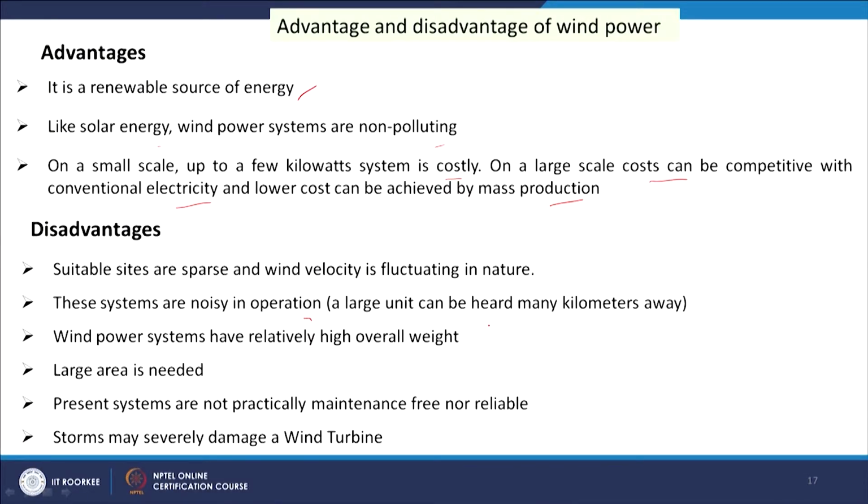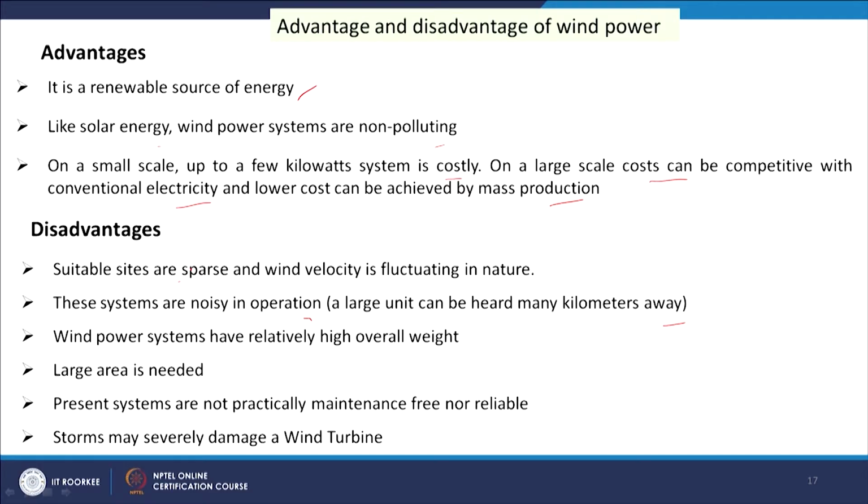In that way it is pollution free, but it also creates some noise pollution, because these systems are noisy in operation. A large unit can be heard many kilometers away, suitable sites are sparse, and wind velocity is fluctuating in nature. So, every time we may not get wind, and it requires a large land area.